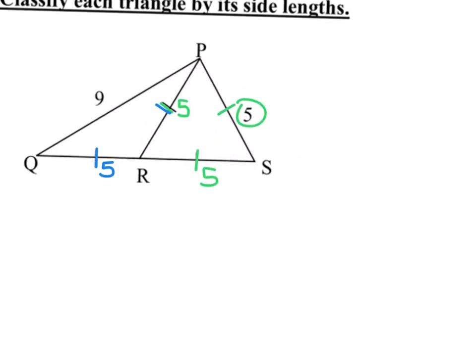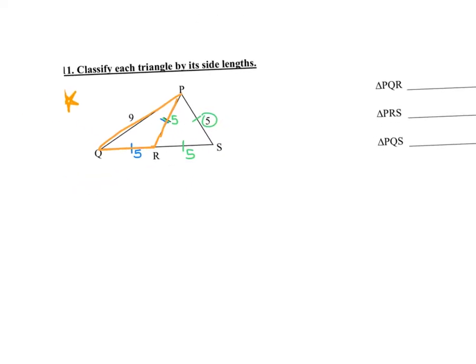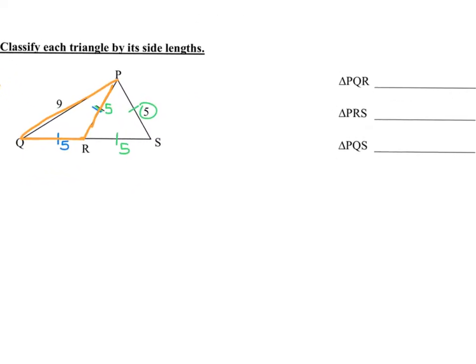So PQR is this triangle right here, which I just said it has these two congruent sides, so that means this is an isosceles triangle. That's all it's asking, is to classify by its side lengths. PRS is this one, which we said is equilateral.